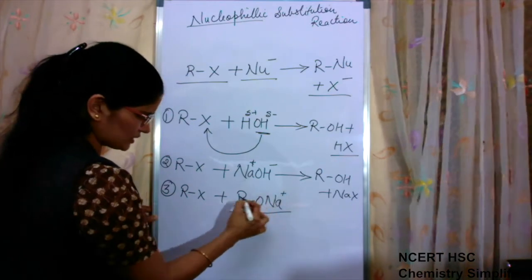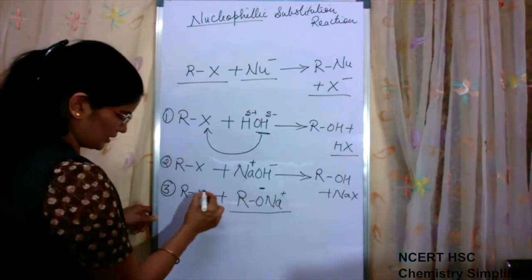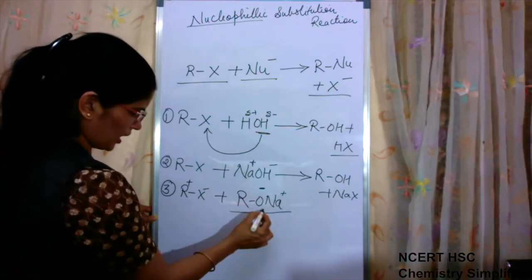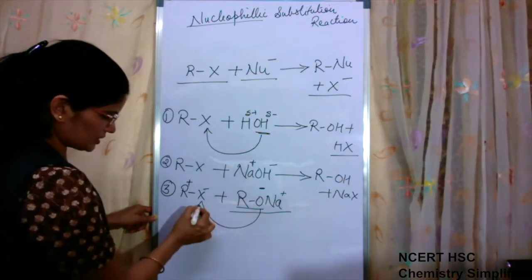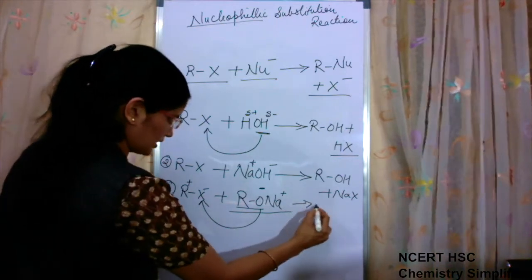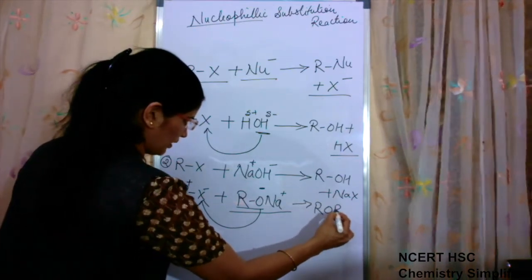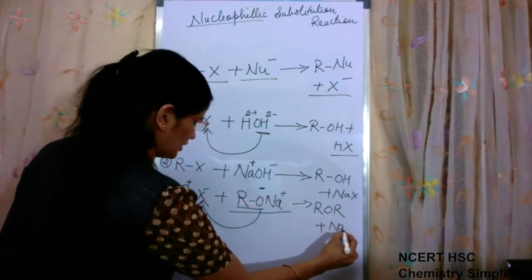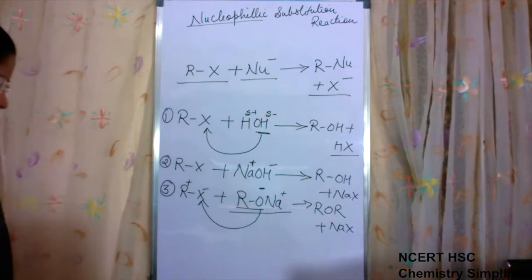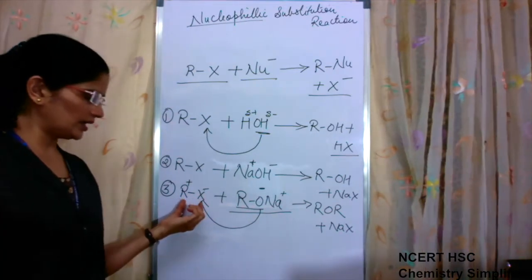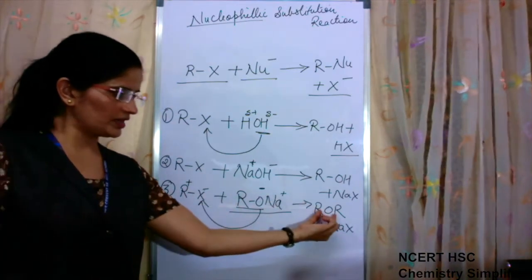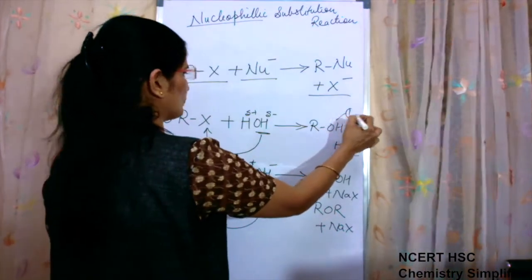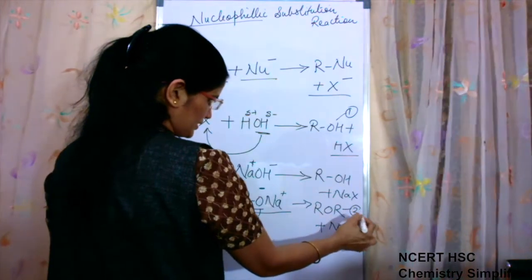Na part is positive, RO part is negative. So the negative part RO will substitute X and we will get ROR plus NaX. That means alkyl halides can also be used to prepare ethers. One compound which we prepared was alcohol, the second compound which we prepared is ether.